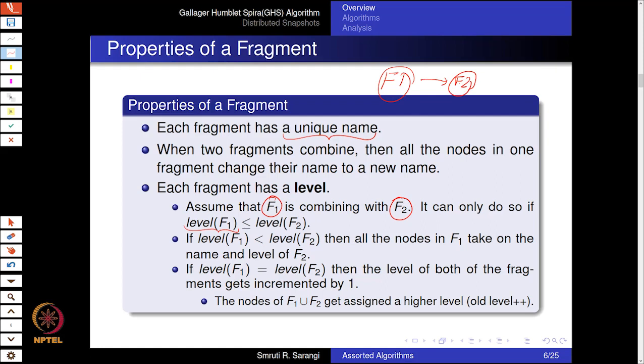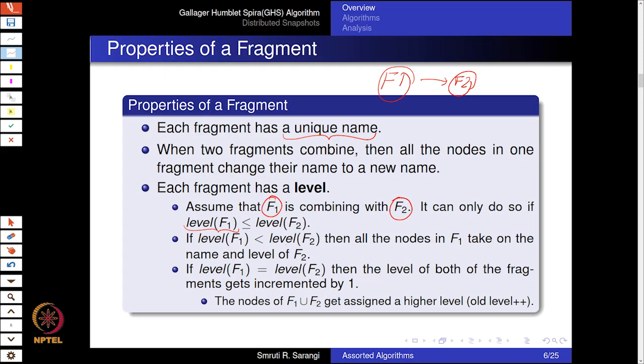A bigger fragment cannot gobble up a smaller one, but a smaller one can always approach a bigger one, or one of the same size, asking it to join. Level is somehow indicative of its size. We will see how.